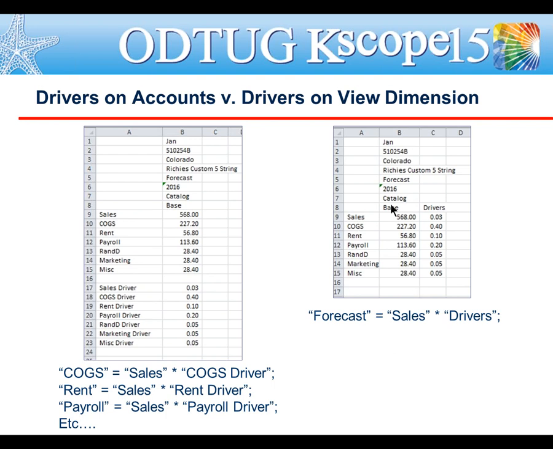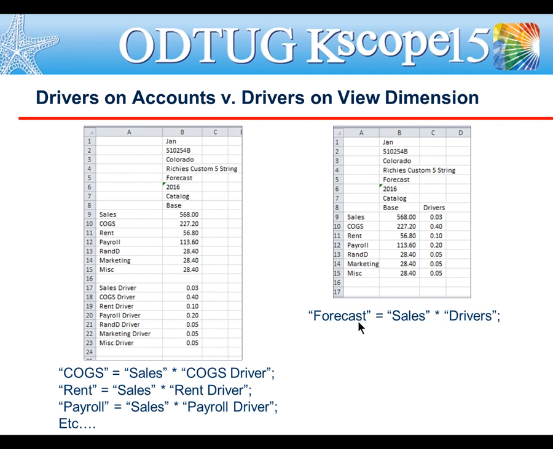If we go over here to the right, we're going to see our view dimension with base, which is where we store most of our input, our dollars, and then another stored member for our drivers. If we add another member, let's say we just added miscellaneous, it's going to create space for both the dollars and the driver by adding one new member.